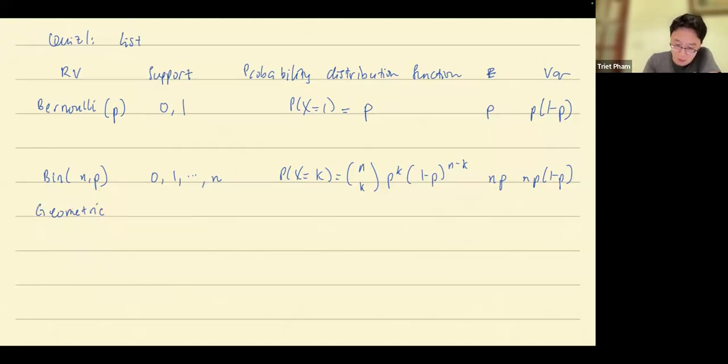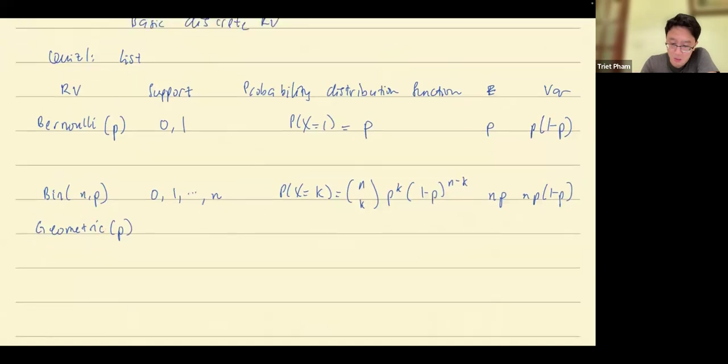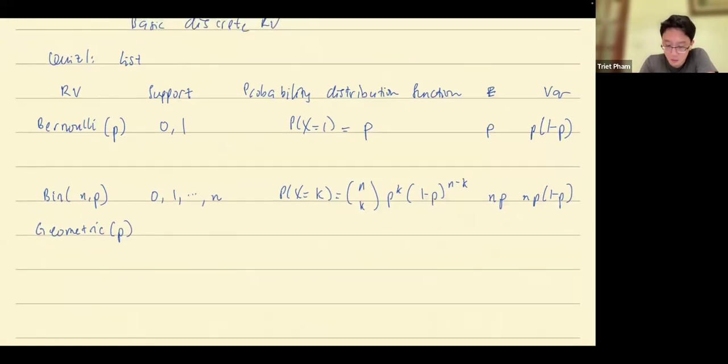Geometric(p) describes the experiment where you keep performing trials with success probability p until you see the first success. It records the number of trials until the first success.